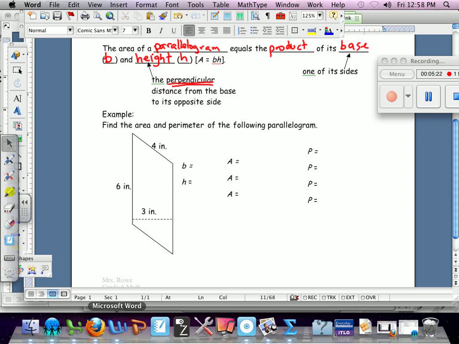So the example we have here: find the area and perimeter of the following parallelogram. In order to use the formula, we're going to need to know which is the base and which is the height. But they give us 3 dimensions here, because to answer both of these questions, we need these 3 different numbers. So who can tell me what the base and the height are based on the information they give?